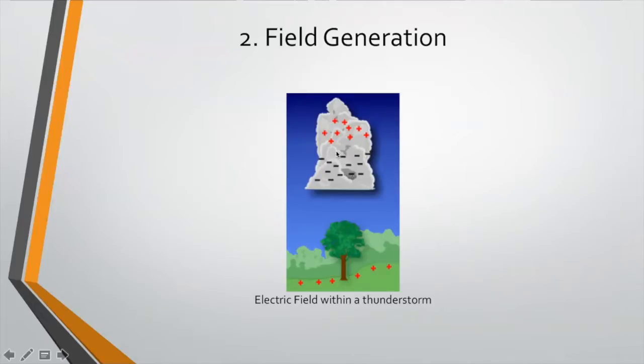The separation of these charges into pools of positive and negative regions results in the strengthening of the electric field. So because these charges are separated into pools of positive and negative regions, the electric field gets very strong. As a matter of fact, the atmosphere is a very good insulator that inhibits electric flow.